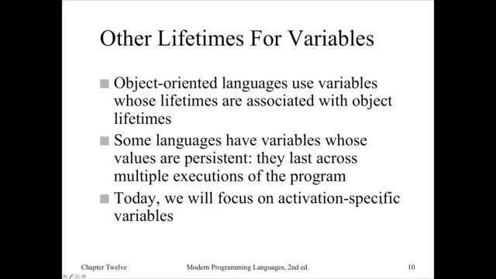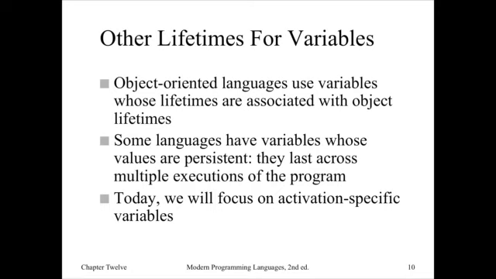So that's the object-oriented approach. There are other languages that have variables that actually last across multiple executions of the program. That's a very interesting idea. I haven't personally programmed in a language that does that. I don't even know off the top of my head which programming languages do that.